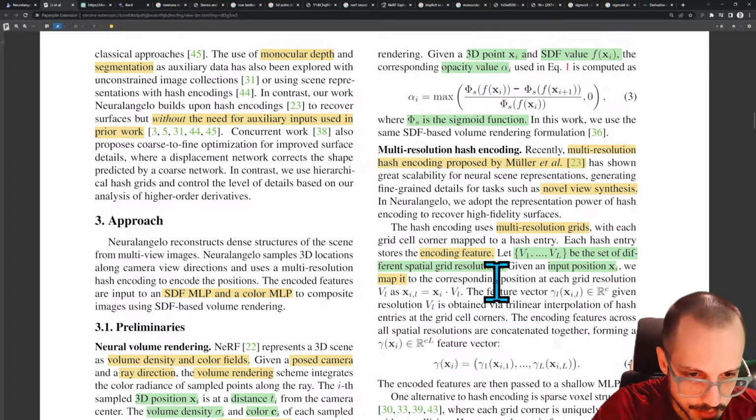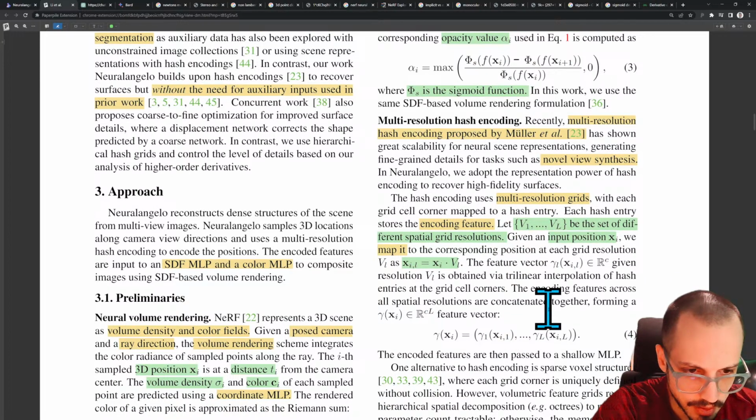It's mapping to the corresponding position at each grid resolution V sub L, where xi comma L is xi times V sub L. Okay, so the little l is basically which grid you are in.